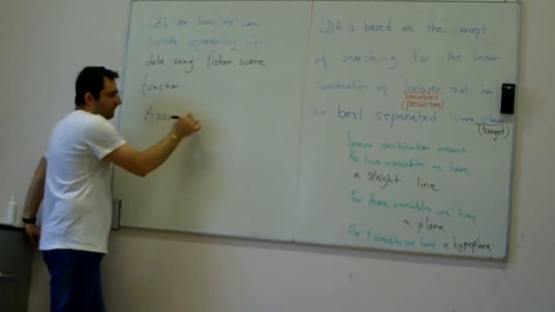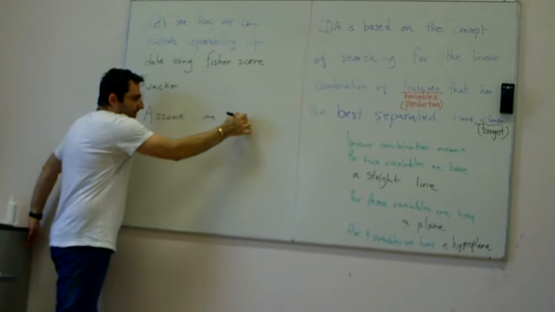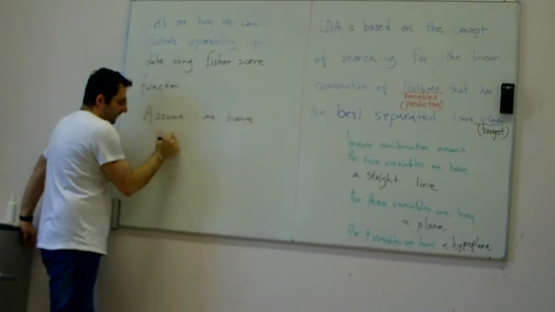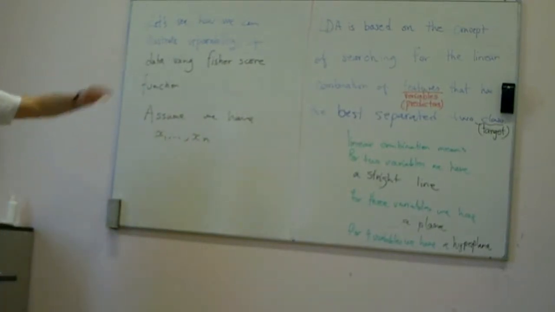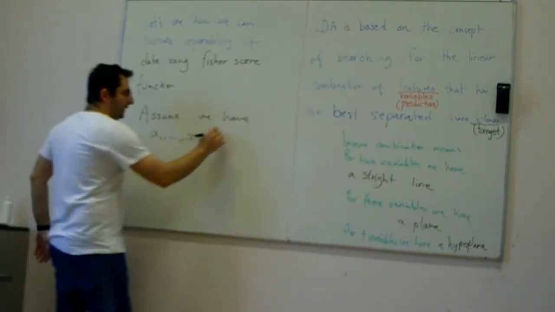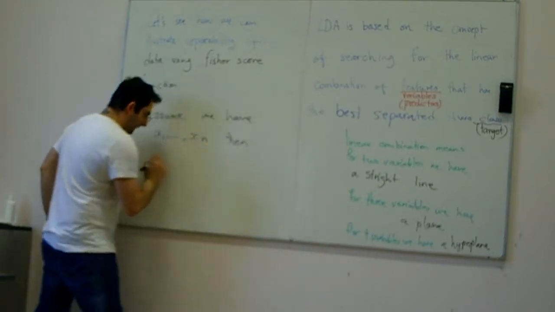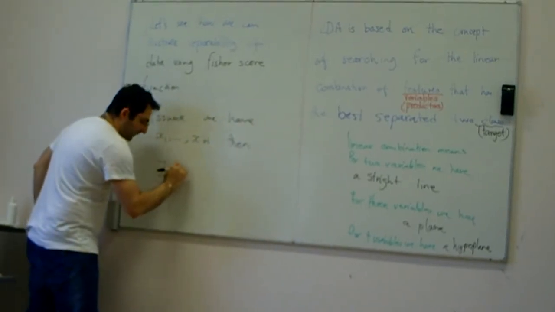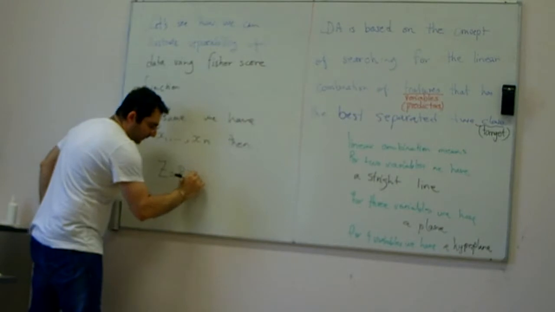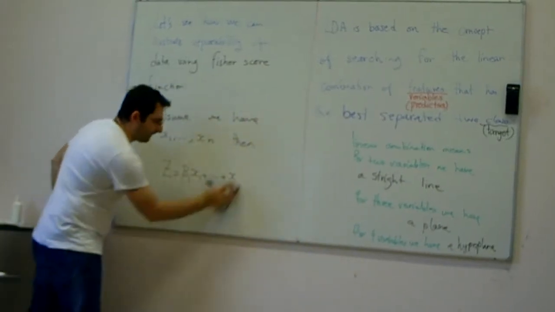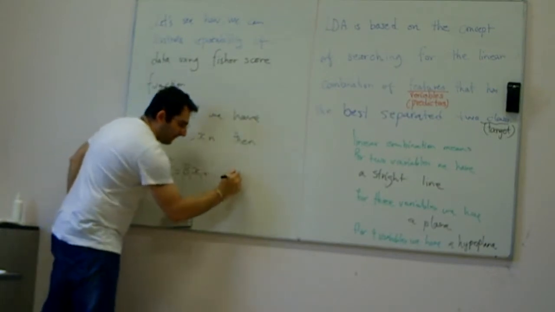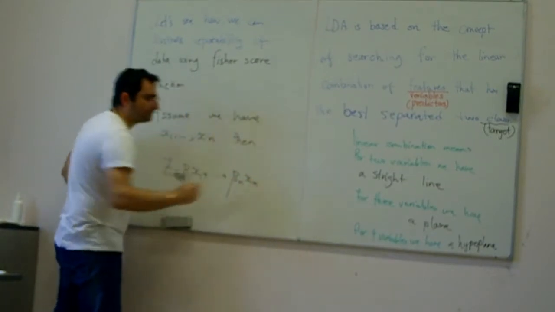Assume we have x1 to xn. They are the n variables or predictors or features that we have. Then we define z to be beta 1 x1 plus beta 2 x2 plus up to beta n xn.